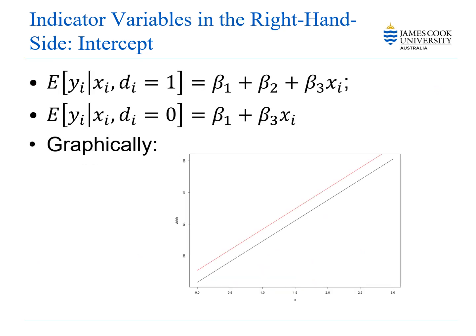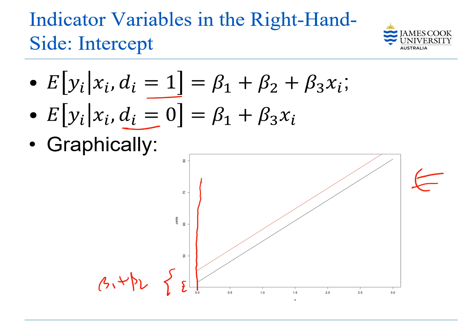So we can illustrate this in this graph. When di is equal to 0, so maybe I draw here, the intercept is this, it's beta 1. When di is equal to 1, the regression line is this red line, and the intercept is this, it's beta 1 plus beta 2.